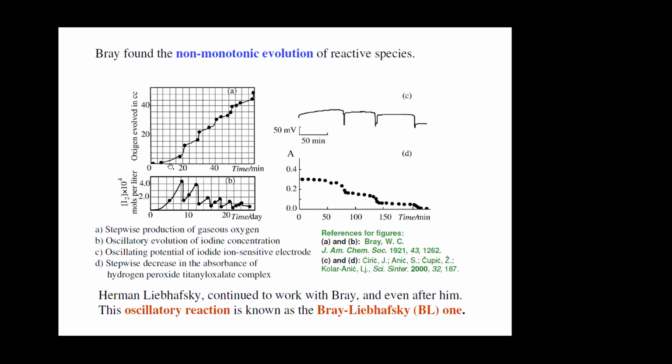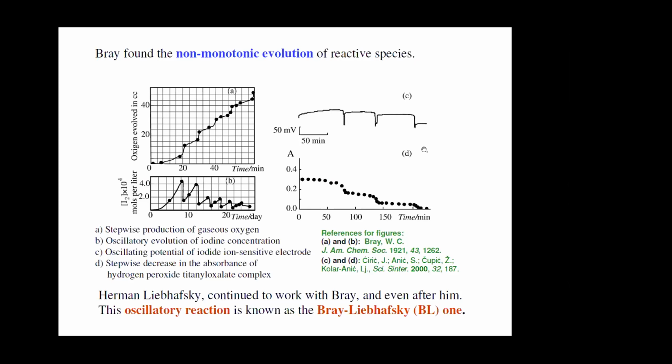In particular, he obtained a stepwise form of oxygen evolution and periodic oscillatory evolution of iodine. Later, the oscillatory evolution of iodide was also obtained by potentiometric method, whereas stepwise decomposition of hydrogen peroxide was obtained by spectrophotometric methods.